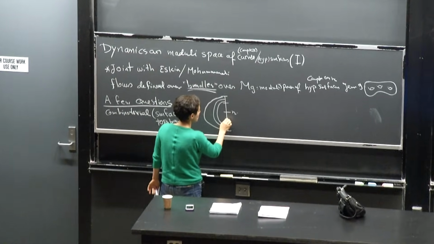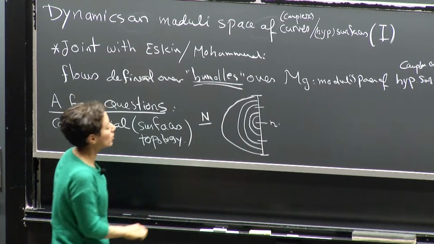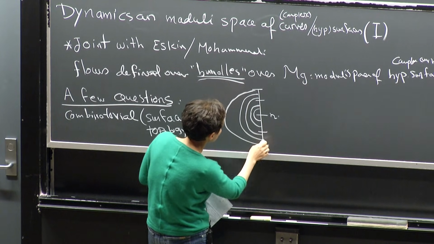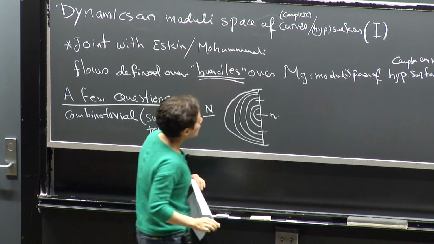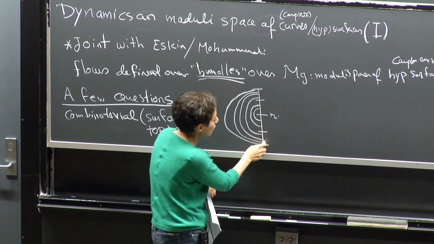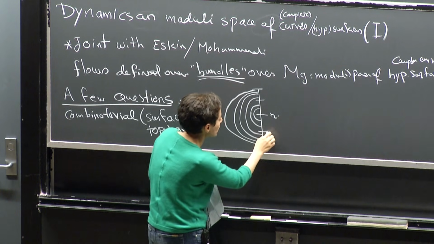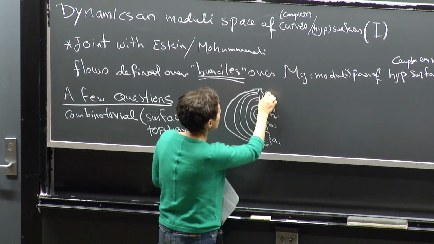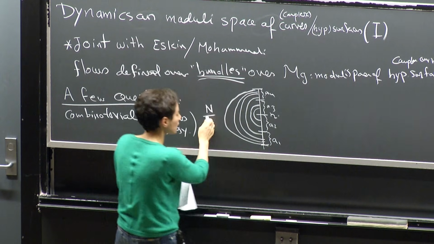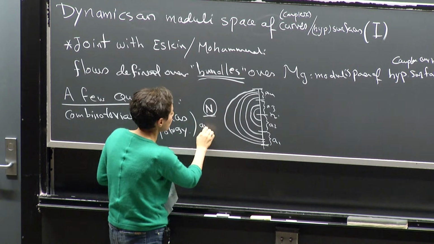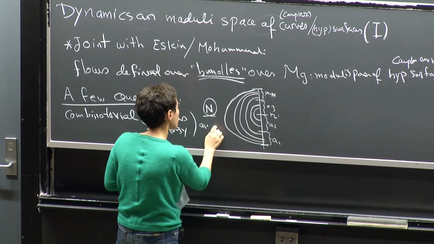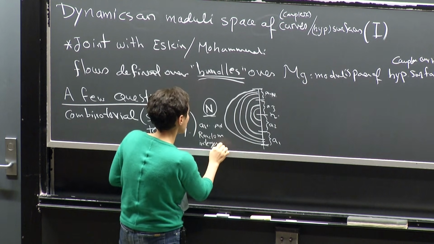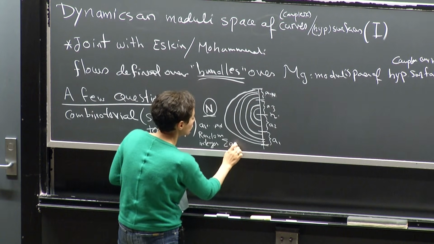On the other side, on each interval, I'll have A1, A2, A3 to AN, which you can imagine as random integer points with the sum equal to n.